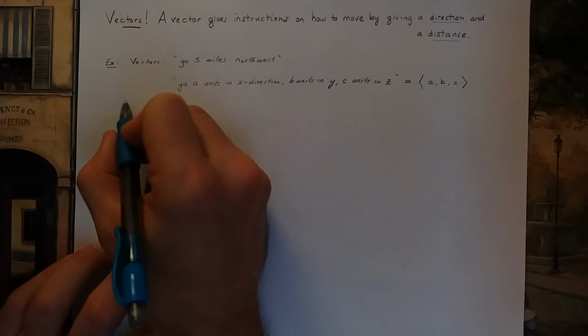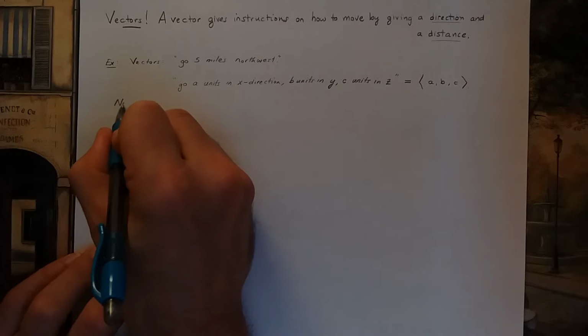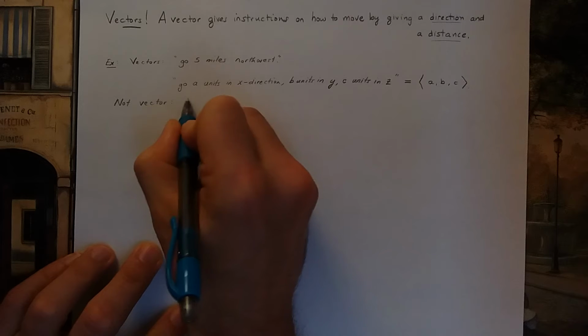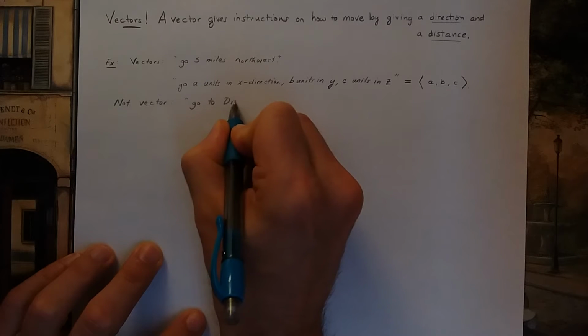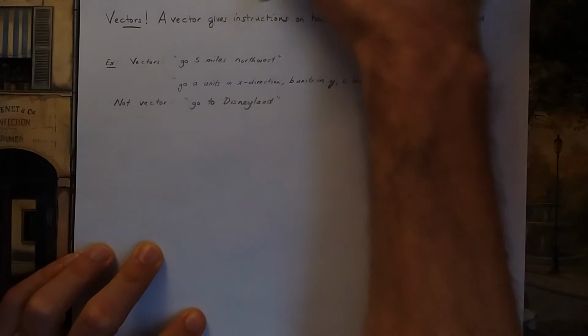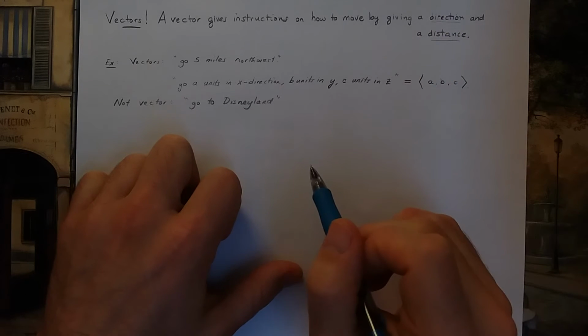Let me give you an example of something that's not a vector to contrast it with what a vector really is. If I say, go to Disneyland, that's not a vector because I'm not giving you a direction or a distance.